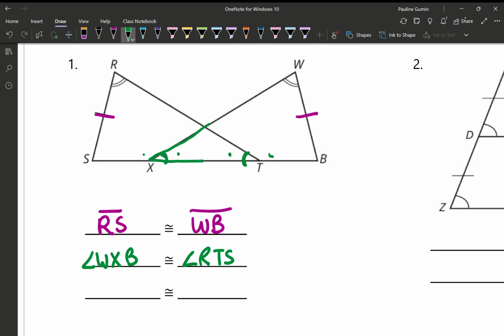So WXB, RTS. Okay? And of course, let's do the doubles. There's only one R and one W angle possible, so I'll save some time and use a single letter. If you used 3 letters to name it, you would still be correct.